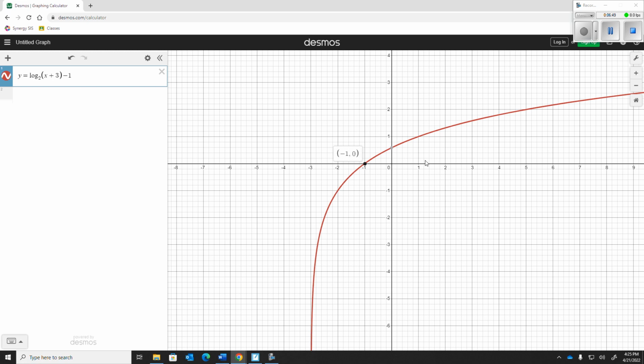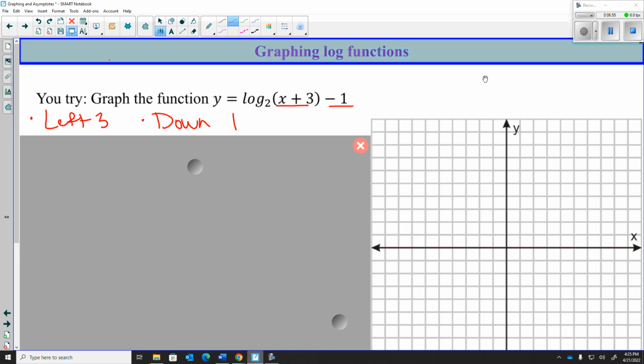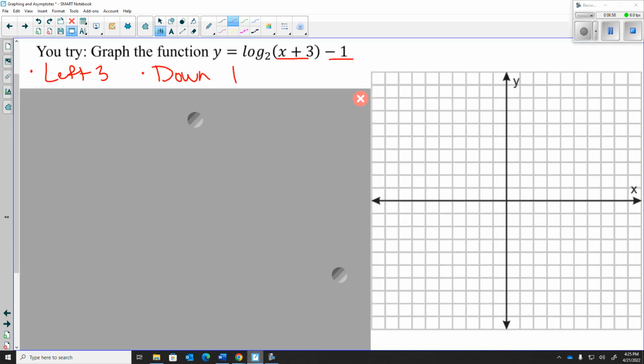It's just this big curve. So I'm going to graph that on the side here: -1, 0, and 1, 1. Okay, and the graph looks something like that. Okay, that's what we're dealing with.